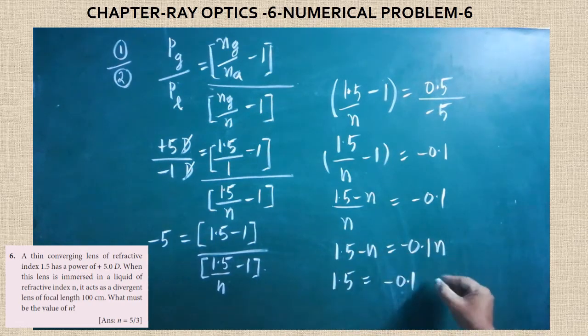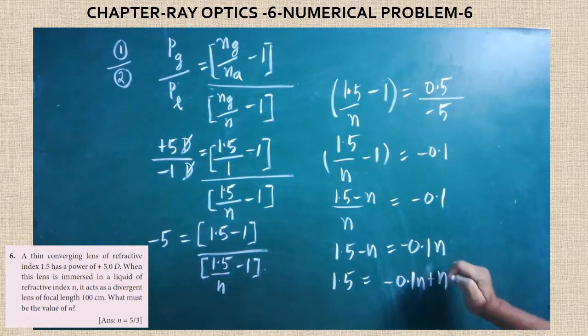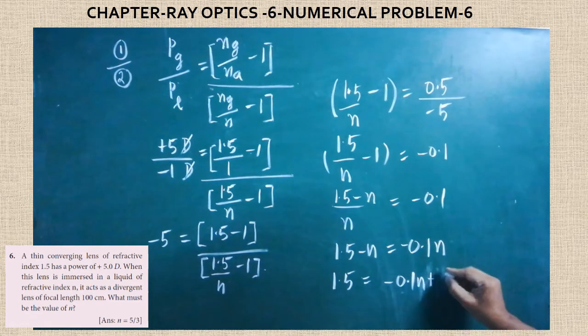This one becomes plus N. Are you clear? Already N is there, plus N. This is equal to 1N.